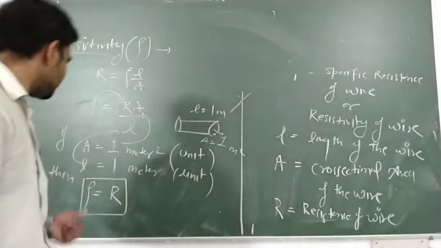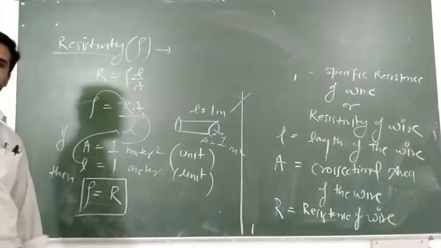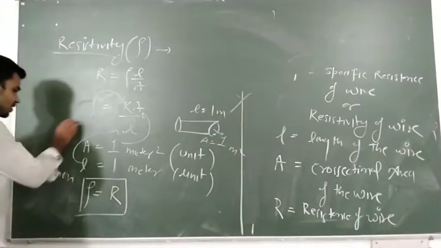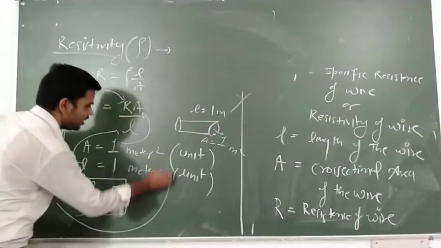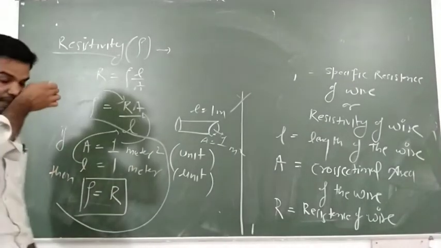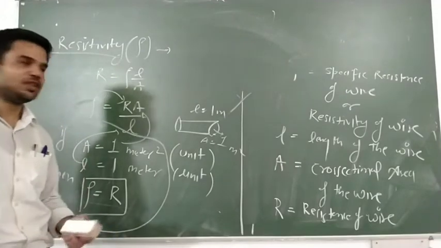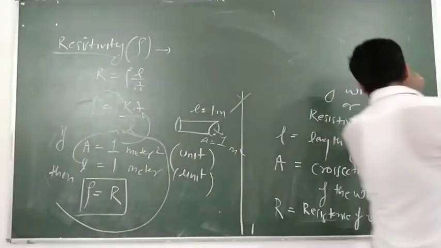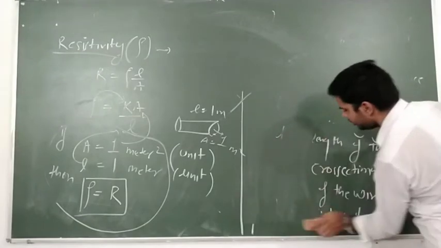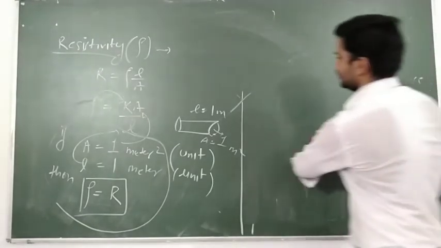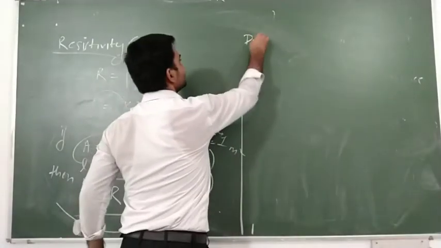The special case I mentioned here. In this specific condition, in this special case, we are going to define the resistivity in terms of resistance. This is the rule. Now I am going to write and explain the definition of resistivity. Just note it down.